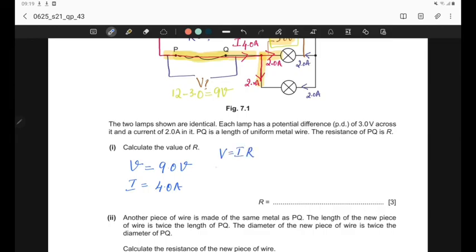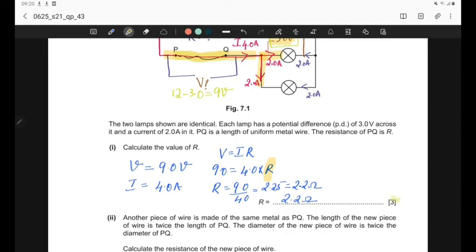Substituting the values, 9 is equal to 4 times R, where R is the unknown. Making R the subject, R is equal to 9 over 4, and the answer is 2.25. In 2 significant figures it is 2.2 ohm. So the correct answer is 2.2 ohm.